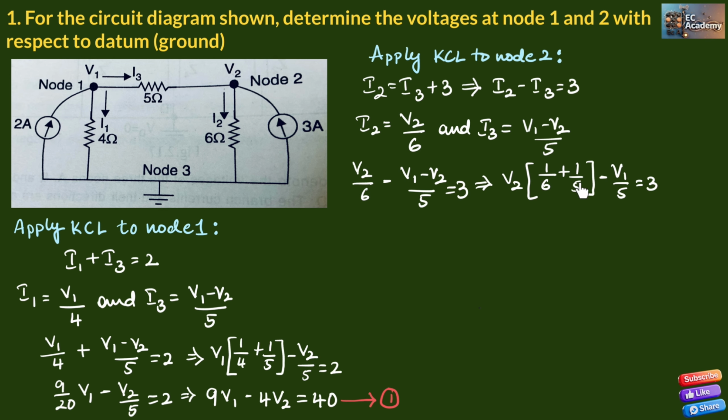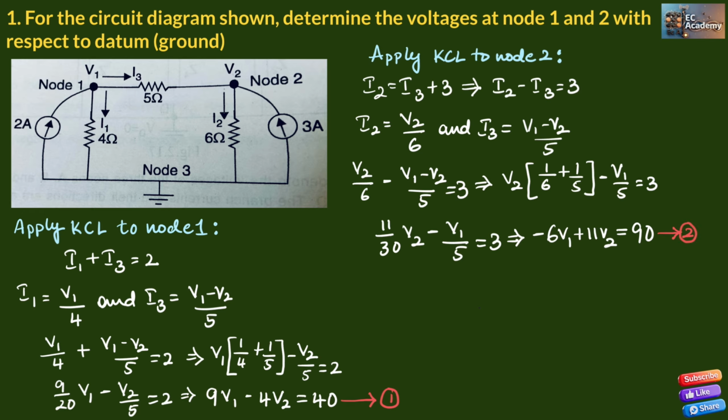Now, if we simplify this fraction term, we will get 11 by 30 into V2 minus V1 divided by 5 will be equal to 3. To cancel out these denominator terms, we can multiply this equation by 30. So, we will get minus 6V1 plus 11V2 will be equal to 90. Let us call this equation number 2.